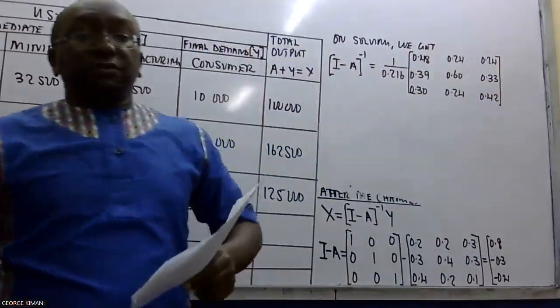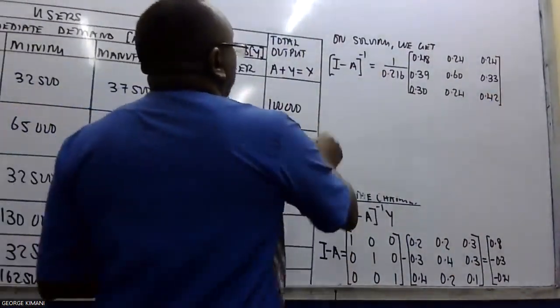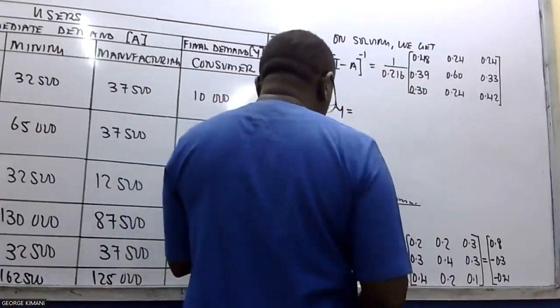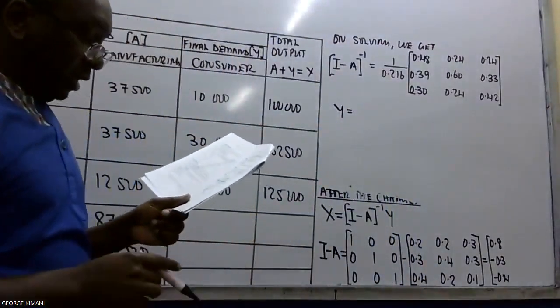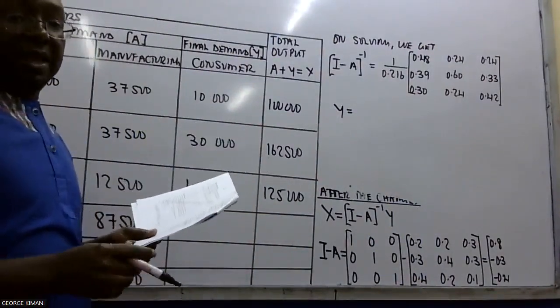So when you solve, the new y we are told is going to change. Agriculture increases by 1,000.